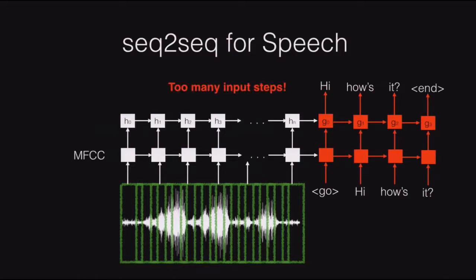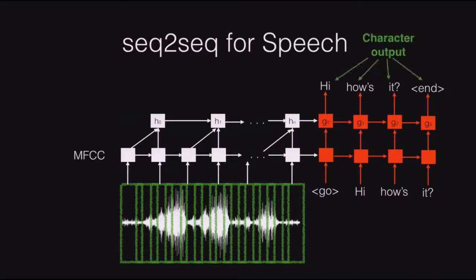Now, the problem with this algorithm is that when it comes to speech, you end up with a lot of inputs, thousands and thousands of steps. So backpropagating in time, even with attention, can be difficult. One thing you can do is build some kind of a pyramid to map the input. If you do enough layers, you can reduce your input by a factor of 8 or 16, and then you produce the output.